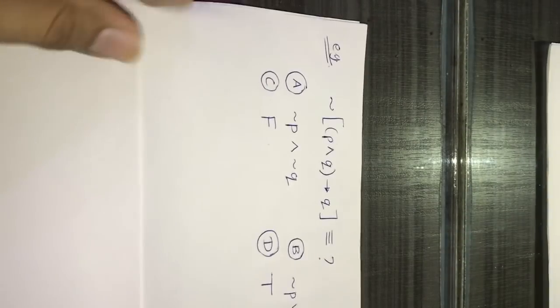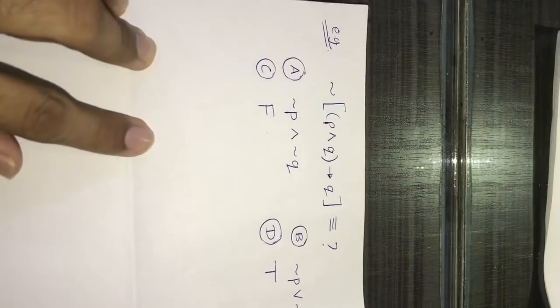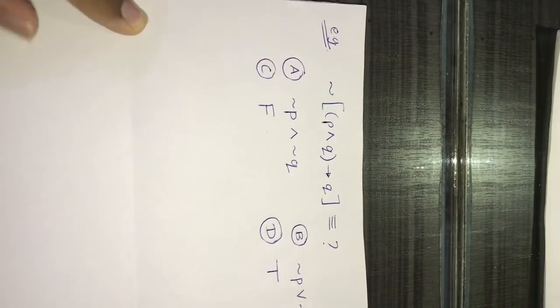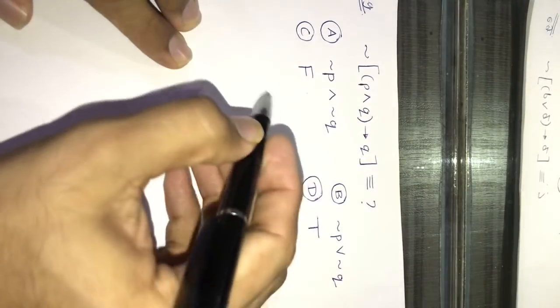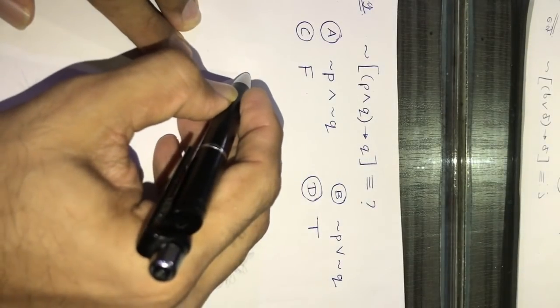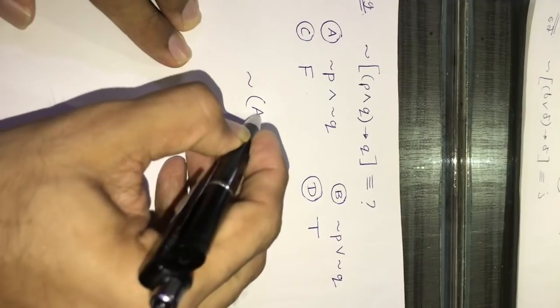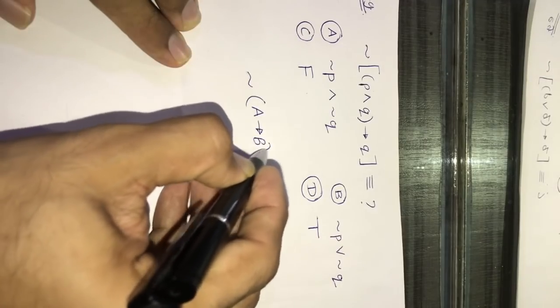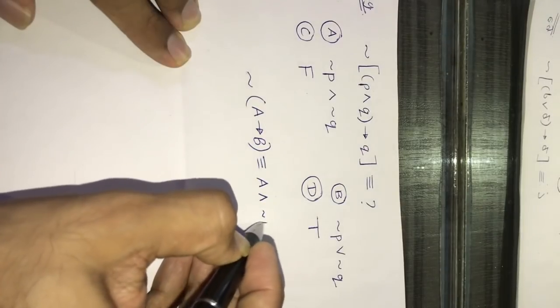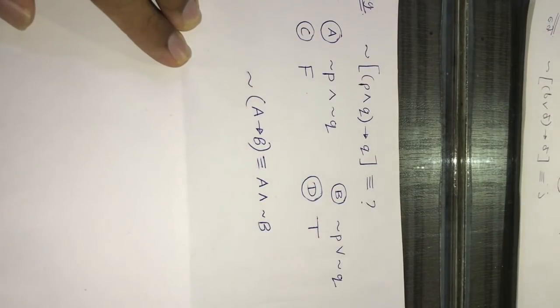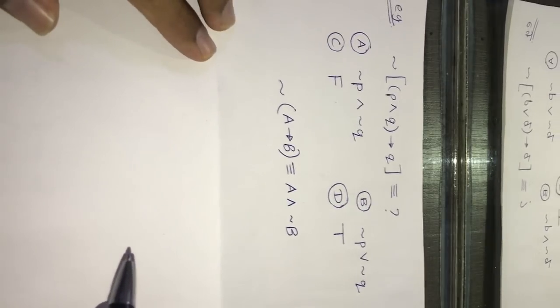This is an MCQ here. What we are going to do is simplify and find out which option it matches to. Okay. So negation of A implies B is logically equivalent to A and negation B, right? Yes. This we have done while doing the negation of compound statements.